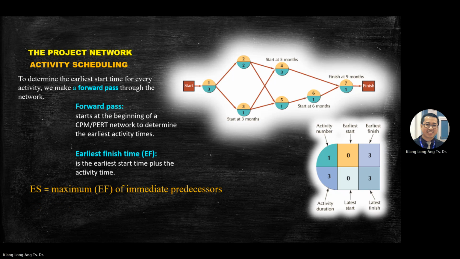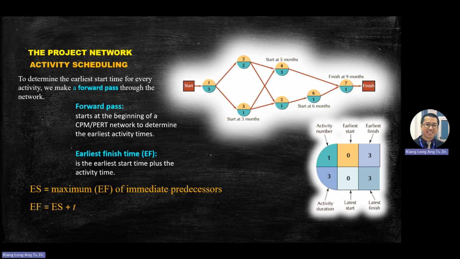For forward pass, you can forget about the formula. I'll just use the graphical method to teach you how to calculate ES. Where is ES? ES is this box, right? How to get ES? ES is the maximum of the immediate predecessors. You copy this number from the front.